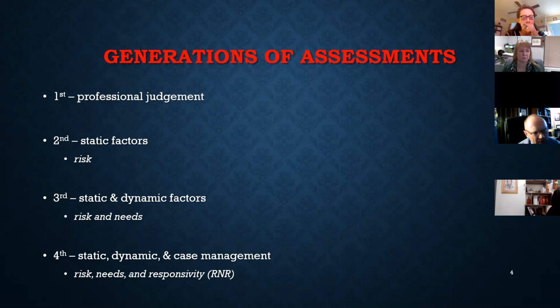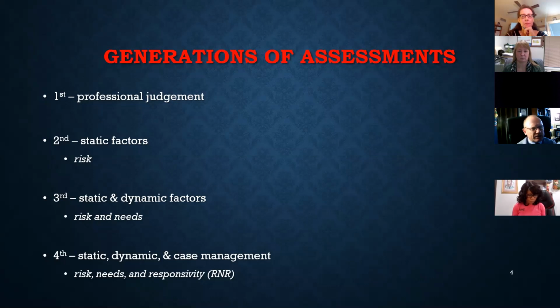Then you move into after 1974, you start seeing second generation tools looking at risk. They looked at static factors, as you know, static factors that do not change, looking at the age, history, the arrest, those type of things.